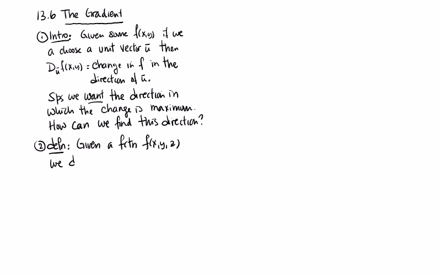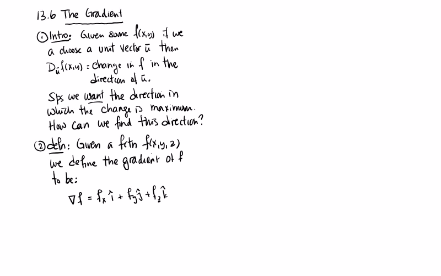So given a function f of x, y, z, we define the gradient of f. The notation for this is an upside down triangle. This has a name, I'll tell you in a second. And the definition is I take f sub x i plus f sub y j plus f sub z k.